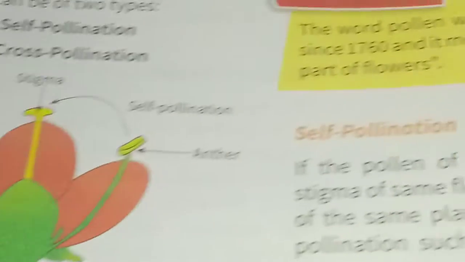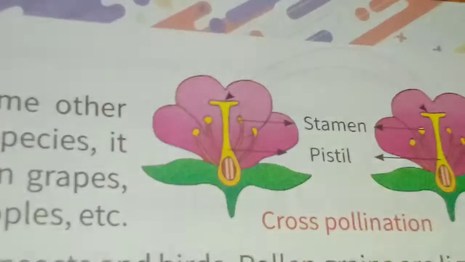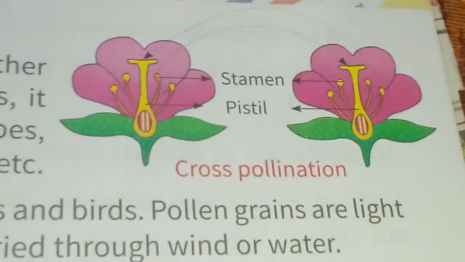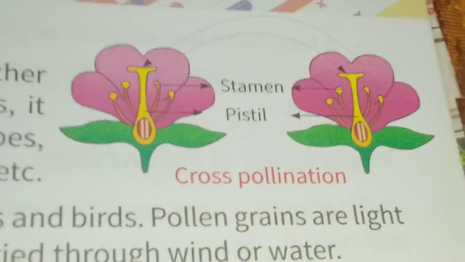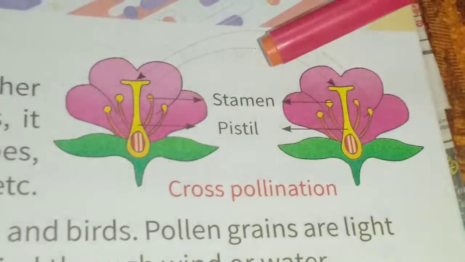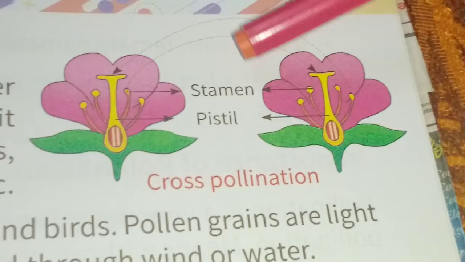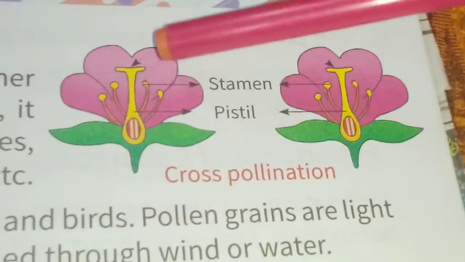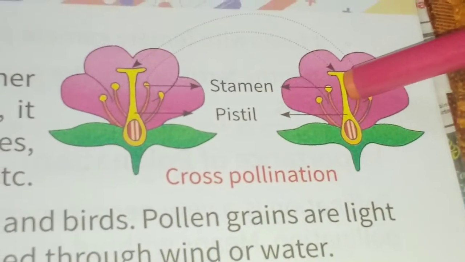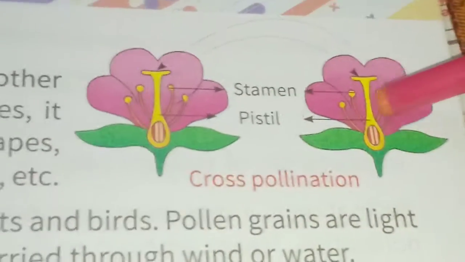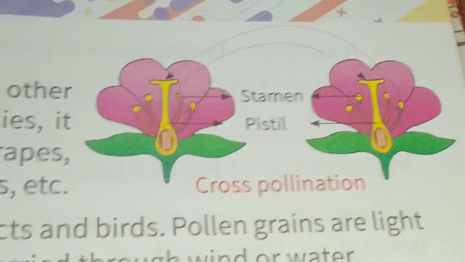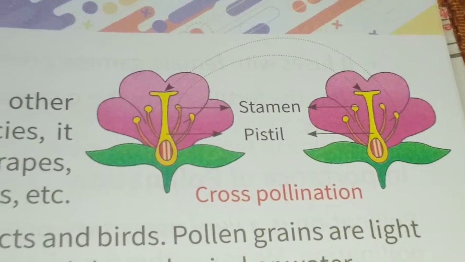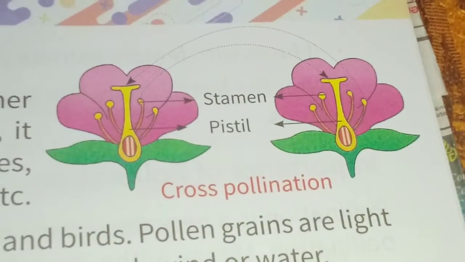Next, I am telling you about cross-pollination. This picture shows cross-pollination. When the pollen of a plant lands on some other flower or some other plant of the same species, it is called cross-pollination. Pollen grains are light in weight, so they can be carried by wind or water.